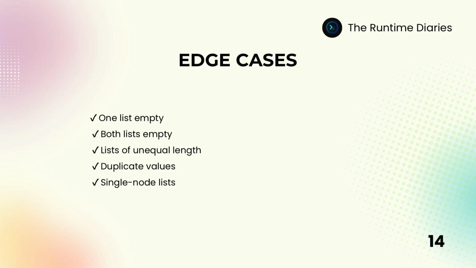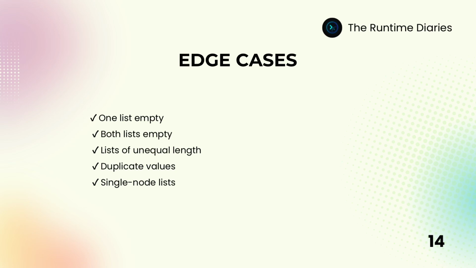Second, lists of unequal length. One list might have 10 nodes, the other might have 3. After the shorter list is exhausted, you just attach the rest of the longer list, and no special handling is needed. Third, duplicate values. Both lists might have the same value.